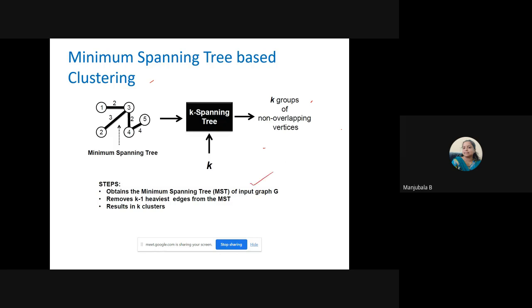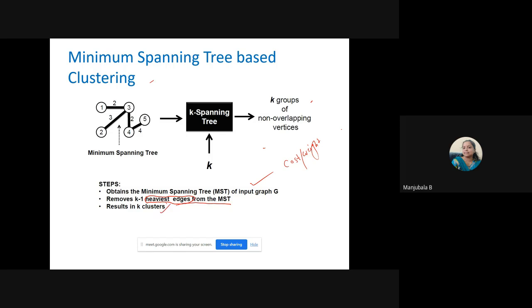Next, depending upon the k value, you have to remove the k minus 1 heaviest edges from the MS-tree. How will you define heaviest edges? The more cost, right? Heaviest edges means with respect to cost or weight, whatever is given for the graph. From that value, you have to remove k minus 1 heaviest edges from the MS-tree. So it will result in k clusters.